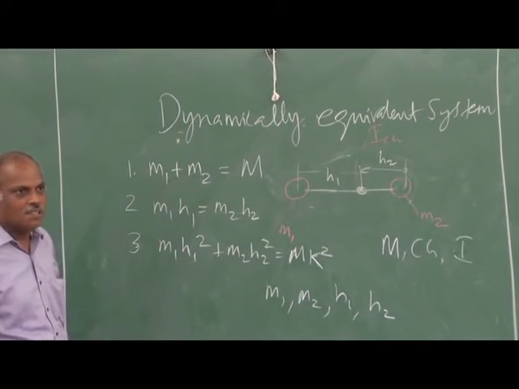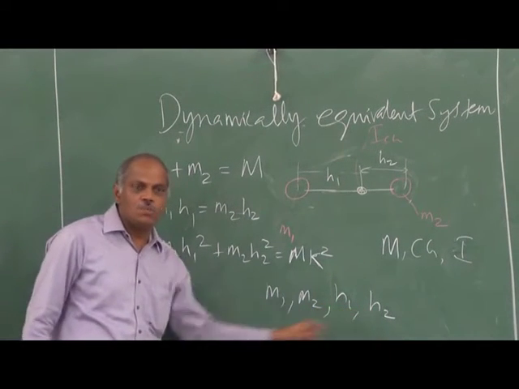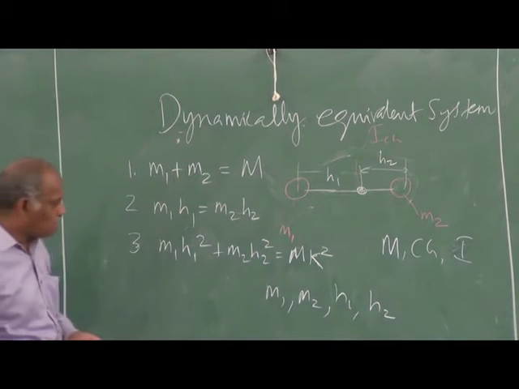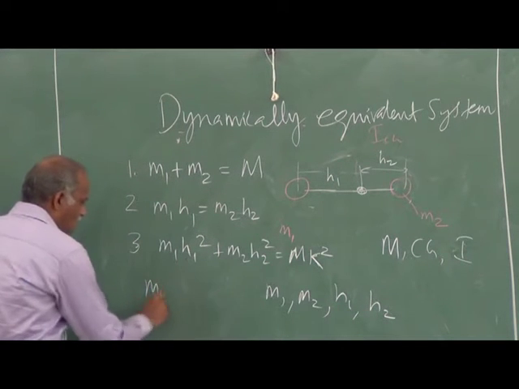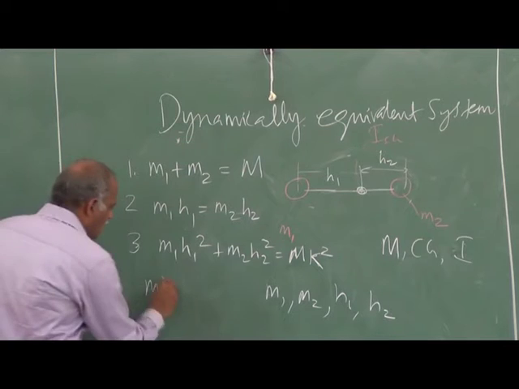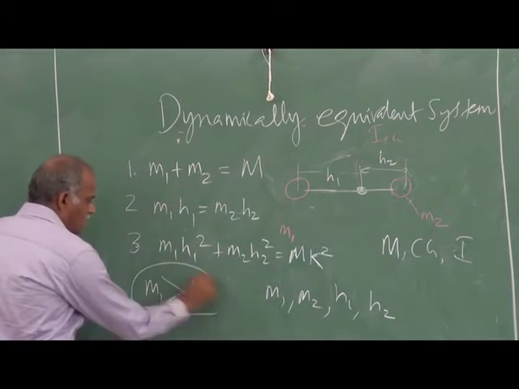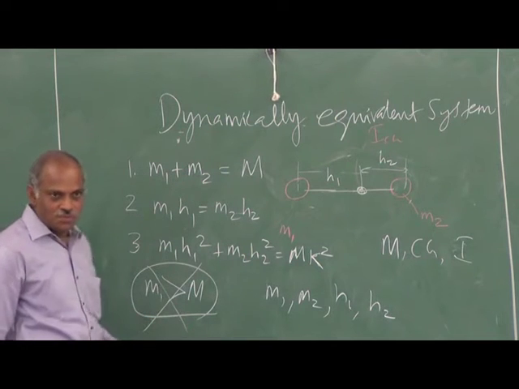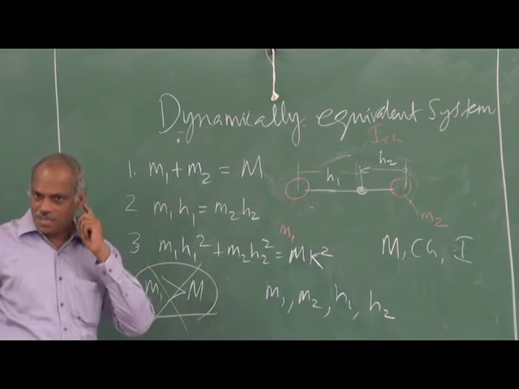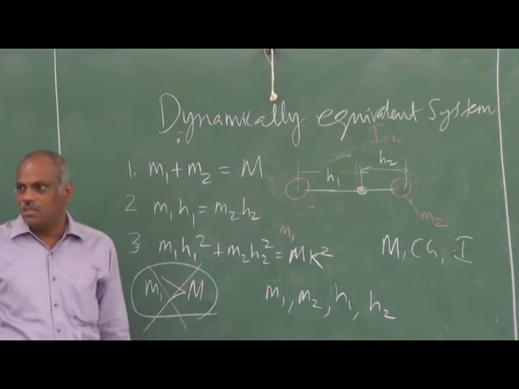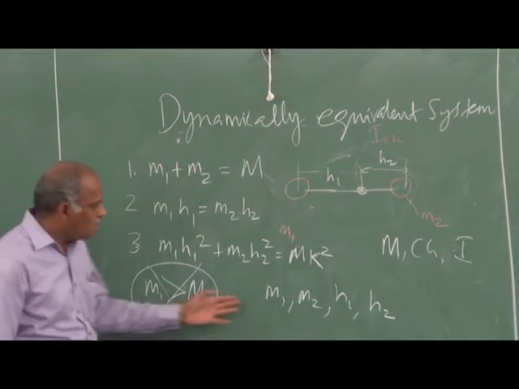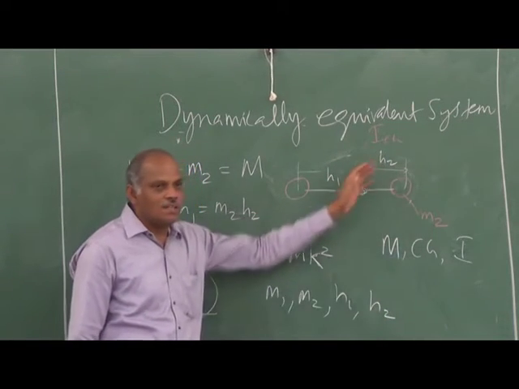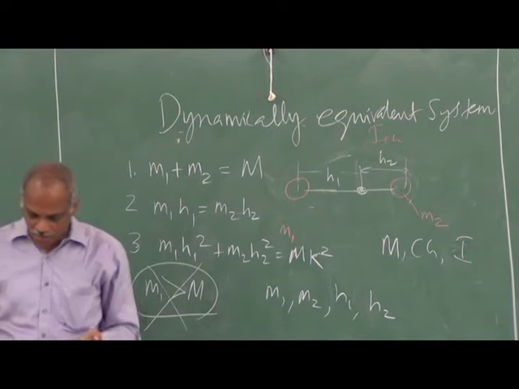Only caution is that the assumption that you make should be rational. I should not assume m1 such that it is greater than the rigid body mass itself. So this assumption you should not do. If you do any other rational assumption, then automatically you will be able to get the other three, so that you can get the dynamically equivalent system. Okay, any doubt?